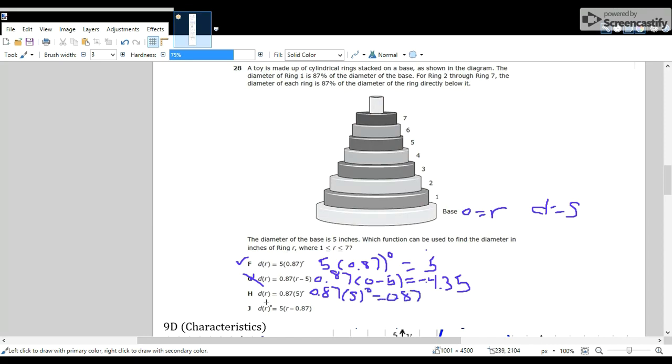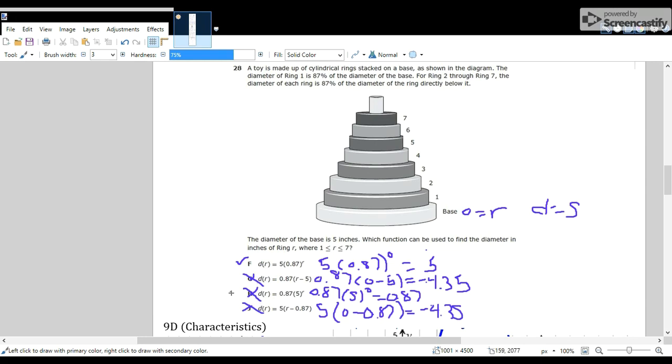That's still not 5, so that wouldn't be able to work either. And then the last one, we have 5 times 0 minus 0.87. And if you put that in the calculator, you'll get the same thing as G, negative 4.35. So that wouldn't work either.